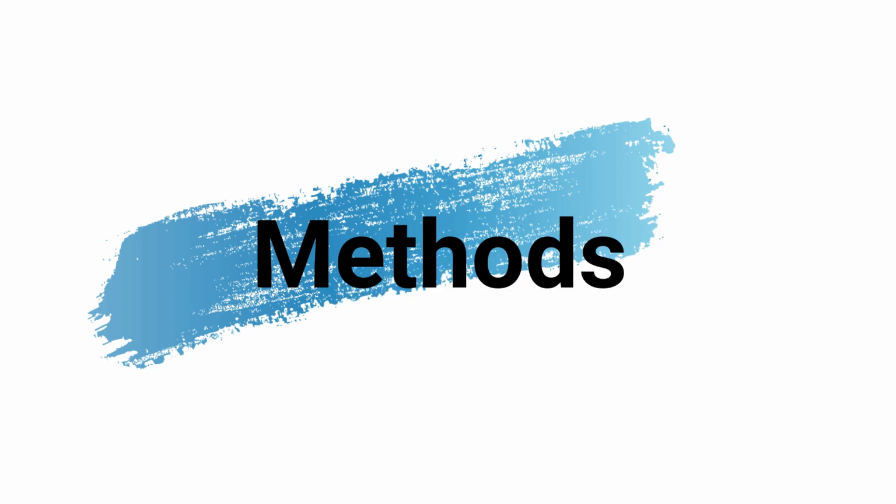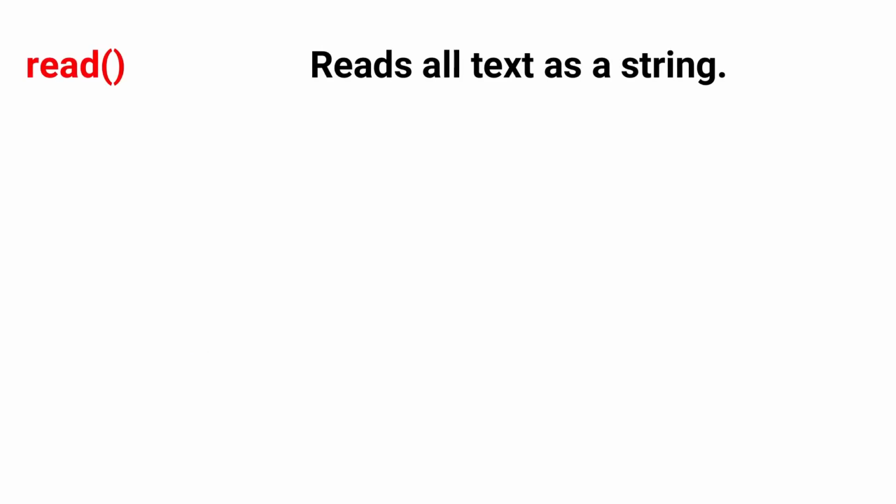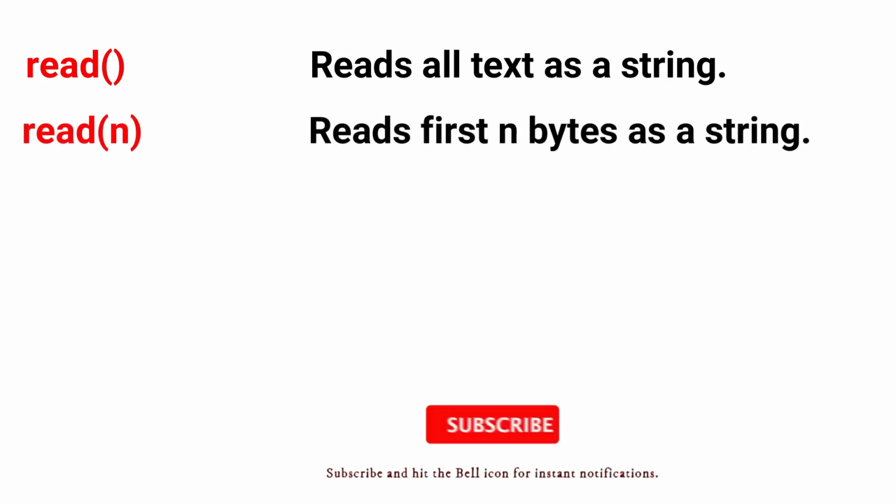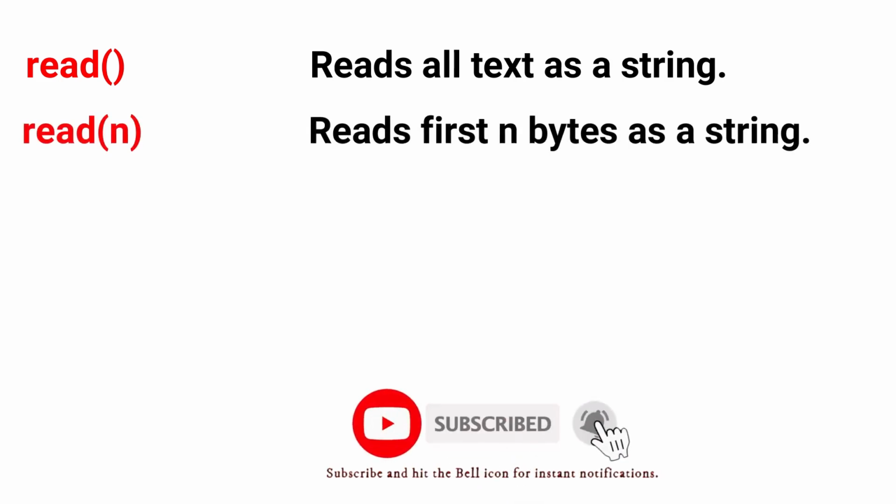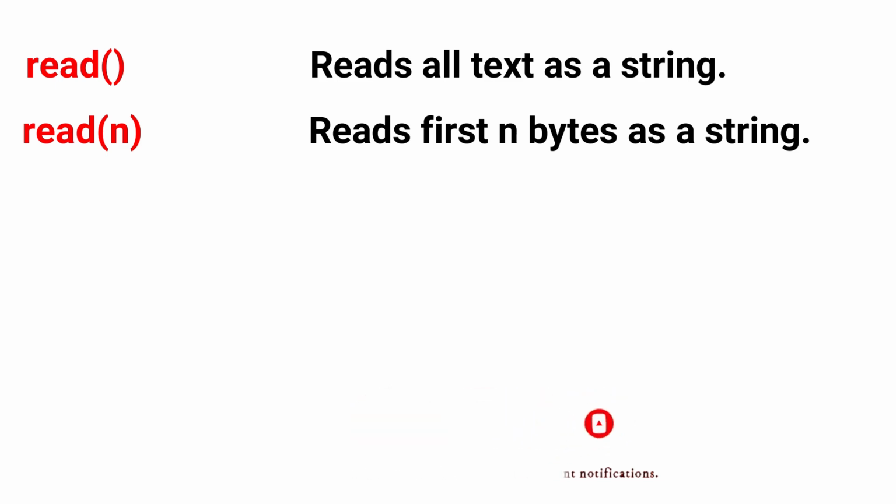Now we will look at various methods associated with a file object. First one is the read method, which reads the entire text in a file as a single string. Next one is the read method with a single argument. That argument is nothing but the number of bytes. By using this read method with number of bytes as an argument, we can read the first n bytes of the given file as a string.